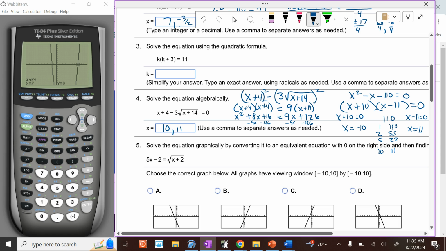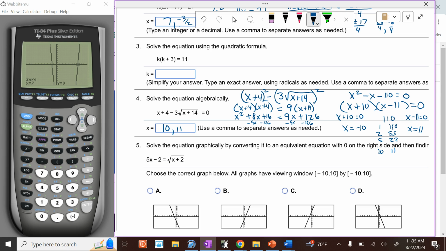Now, you've got to be careful here. When you square both sides, you run the possibility of having extraneous roots. What are extraneous roots? What's the base word of extraneous? Extra. You might have extra roots, ones that don't make sense.